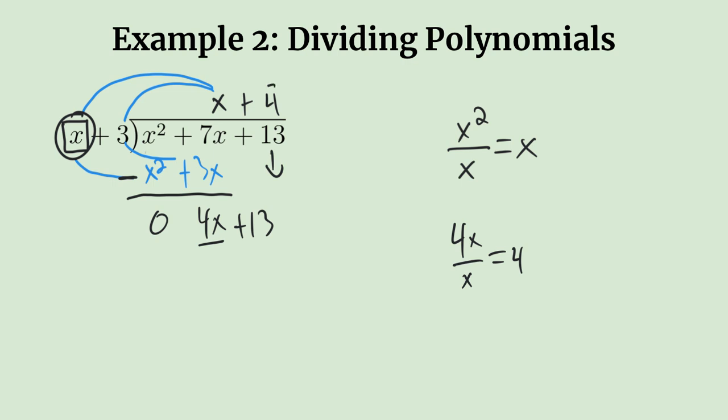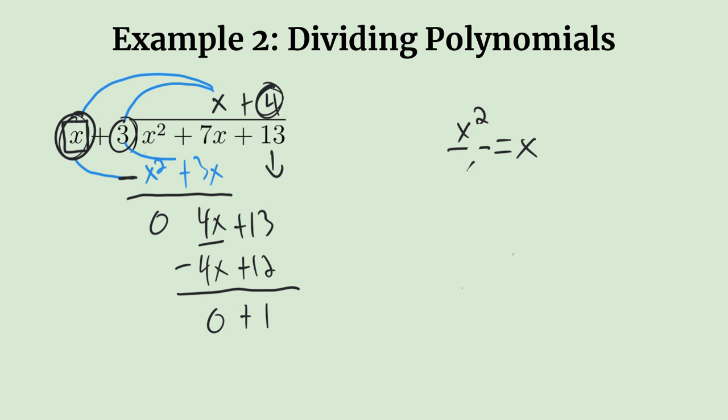Then we're multiplying the 4 by the x, which would be 4x. 4 by the 3, which would be 12. Subtract those together. 4x minus 4x is 0. 13 minus 12 would be positive 1. So our final answer here would be x plus 4 with a remainder of 1 left over.